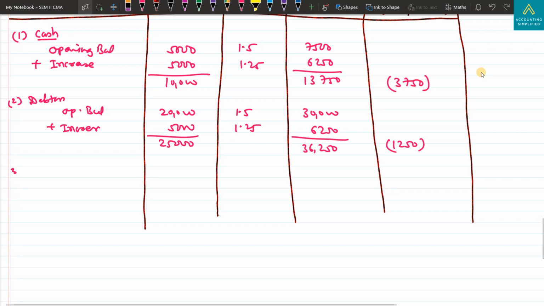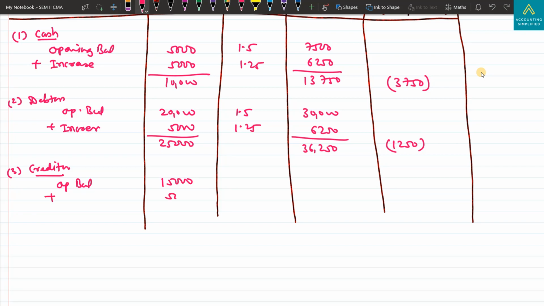After debtors, the third particular is creditors, right? The opening balance is 15,000 plus an increase of 5,000. Check it out, the balance is 20,000 plus the increase during the year. So this is 1.5, 1.25.